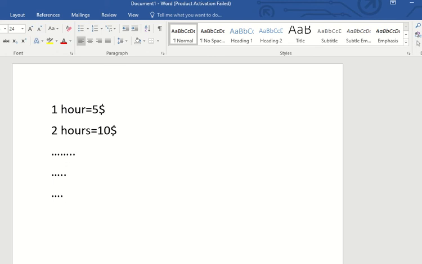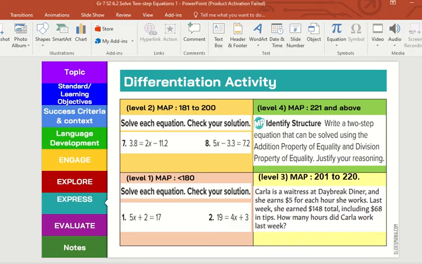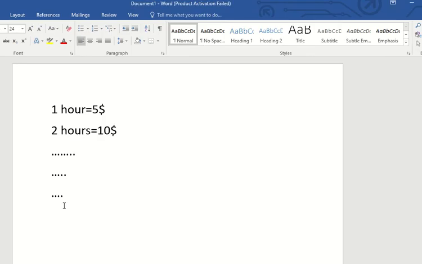Now how much will she get for each hour? If this "each" means we don't know how many hours she worked, let's consider it as x. So how much did she earn for x hours? We're going to write it as 5x, because here we have multiplied this 5 with 2. For 3 hours we multiply 5 with 3, right? 15.